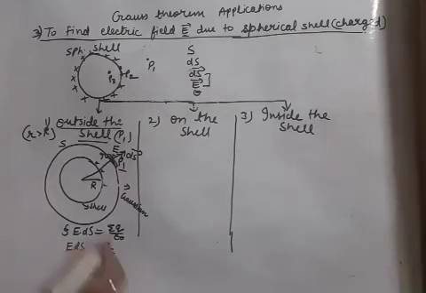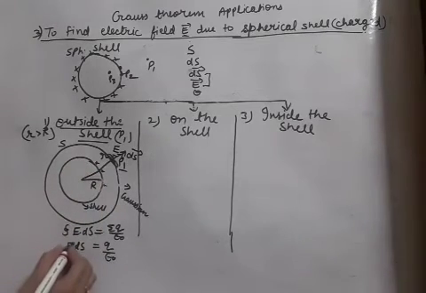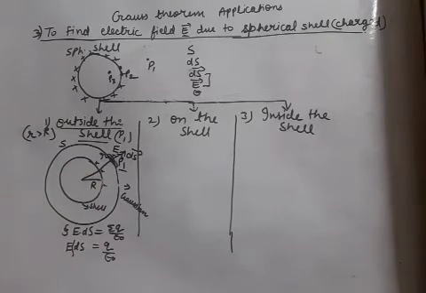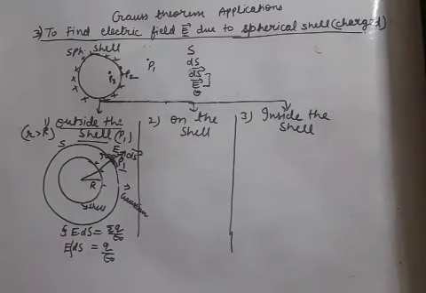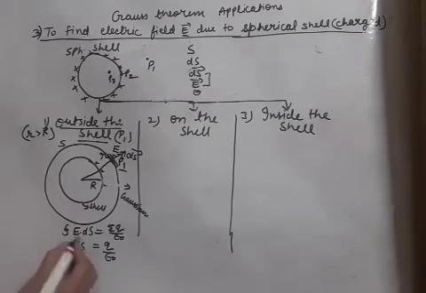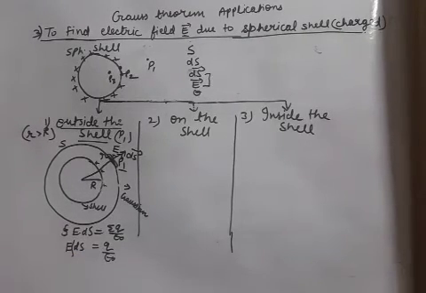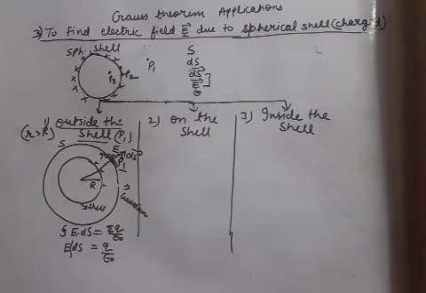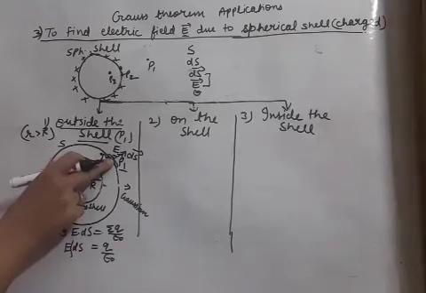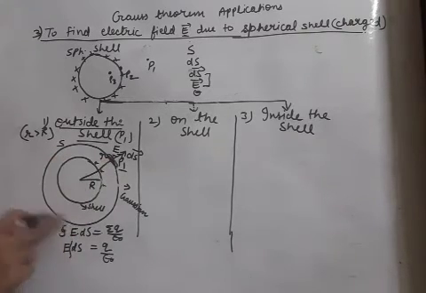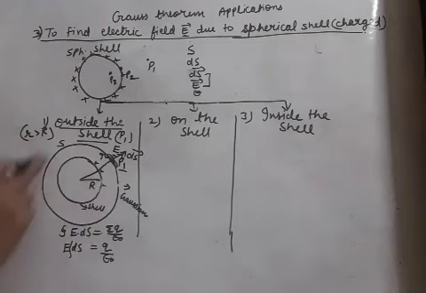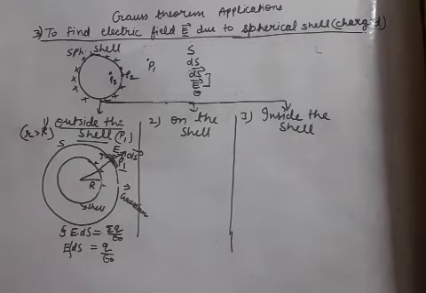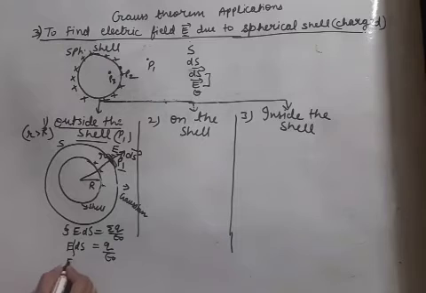Total charge we can write Q. E is taken out. And what is now integration of ds? So as I told you, ds means small part. Integration of ds means whole surface. So this whole surface area we want. So sphere's surface area is 4 pi r square. So we will write here 4 pi r square.